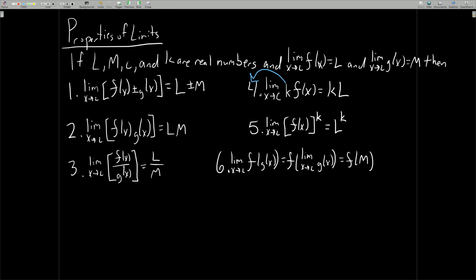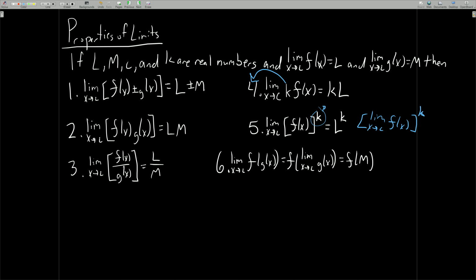If you have the limit of a function raised to an exponent, then you take the exponent and move it outside the limit. You take the limit and then you raise that limit to the exponent.